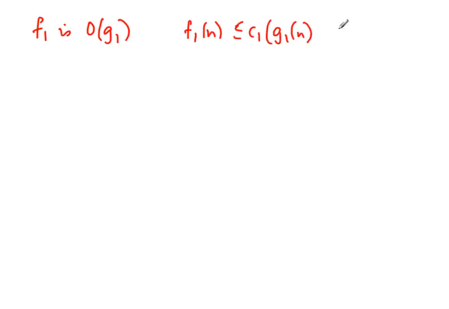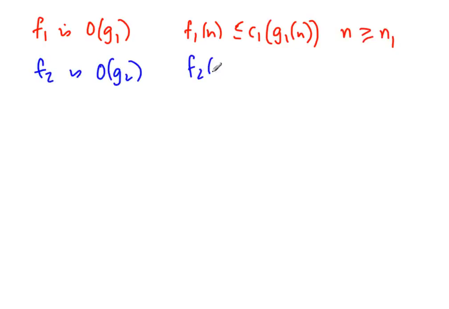So the proof of this property is not difficult. So I have f1 is O of g1, right? So this means that f1 of n is less than or equal to some c1 times g1 of n for all n bigger than or equal to, let us call it n1. On the other hand, we have f2 is O of g2.